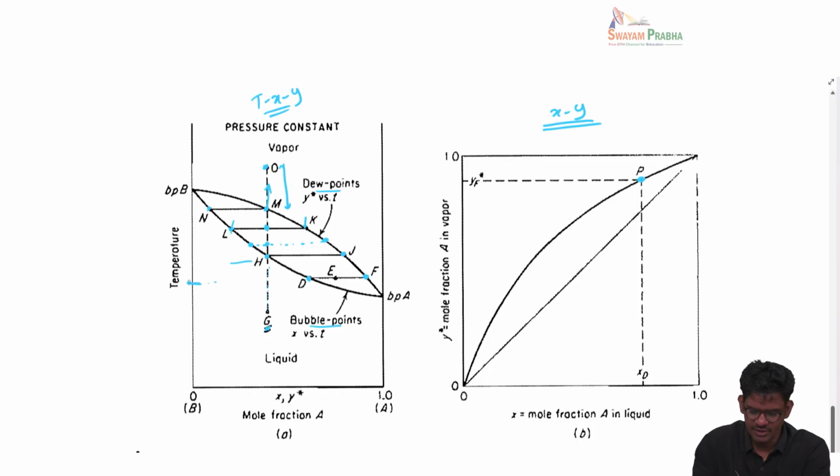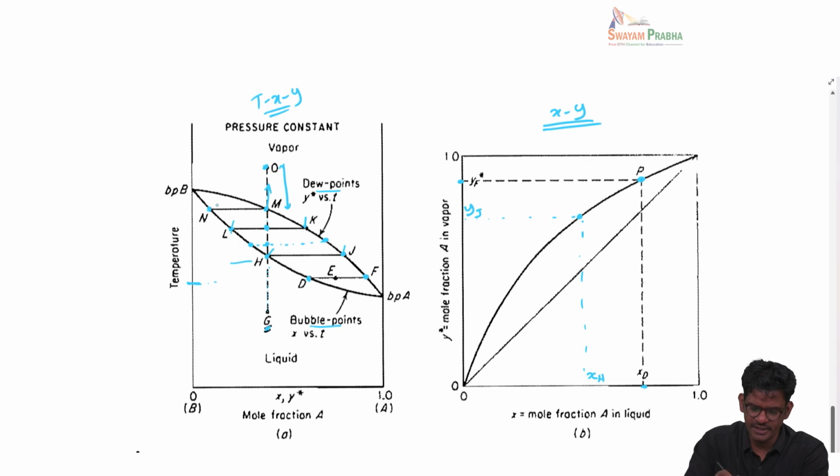So this point says that vapor and liquid are in equilibrium corresponding to liquid composition x at D and vapor composition y at F, and I can collect yF and xD. This is yF, this is xD, that is one point P. Similarly, I can collect points H and J, so that would be somewhere here. This is yJ and this is xH.